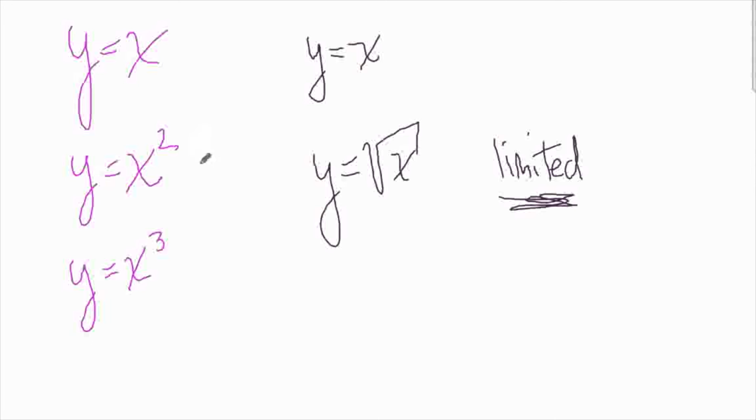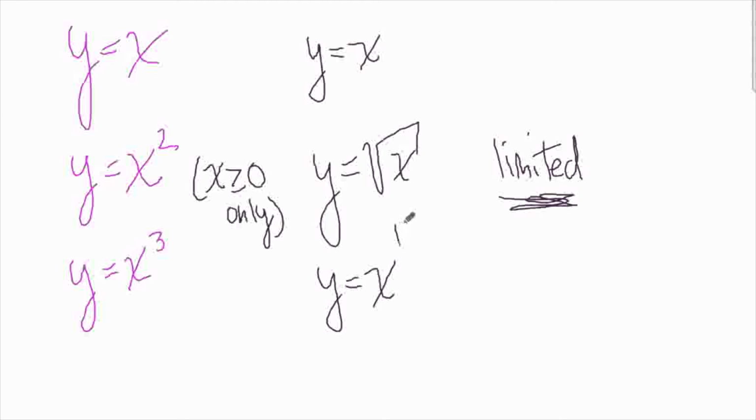So if we confine the parabola to x greater than or equal to 0 only, if you agree to limit yourself to that, then for that half parabola it has an inverse equal to the square root. See how that works? And then for y equals x cubed, the inverse is x to the 1/3. That one can be positive or negative. All right, so we're good to go on that one.